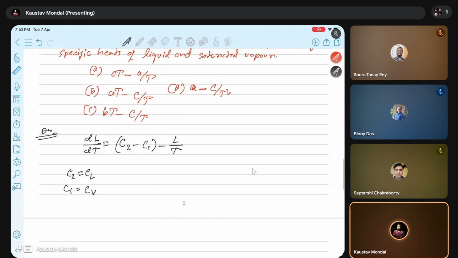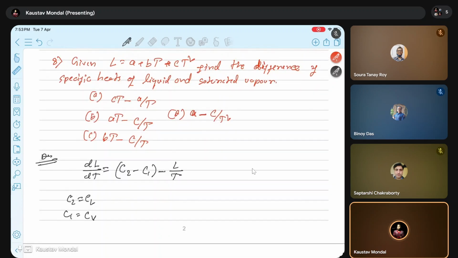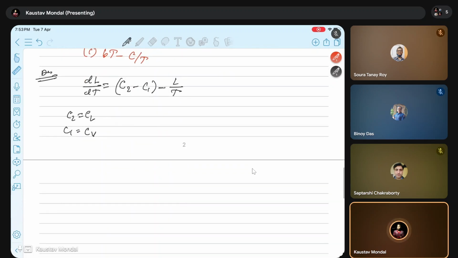So these two, the specific heats of liquid and saturated vapor, you have to calculate the difference. So Cl minus Cv is basically dL by dT minus L by T.